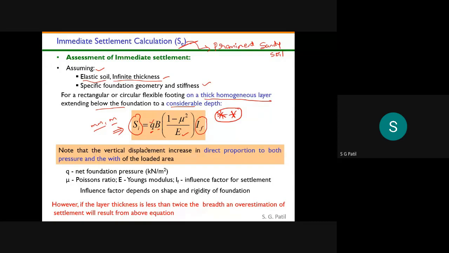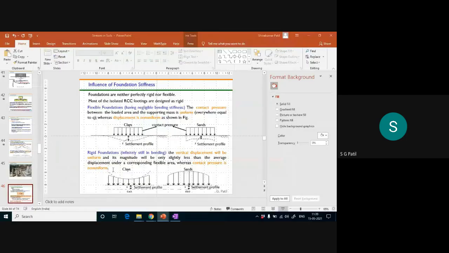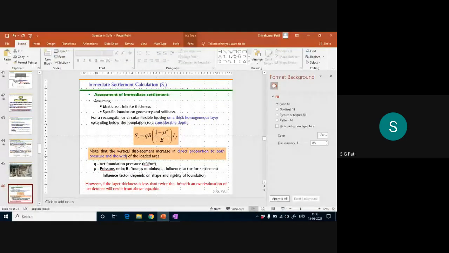Note that the vertical displacement increases in direct proportion to both the pressure and the width of the loaded area.